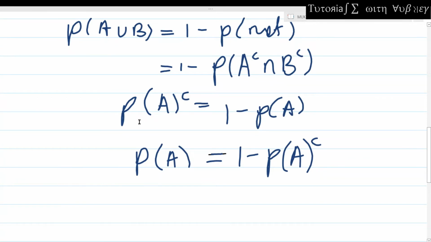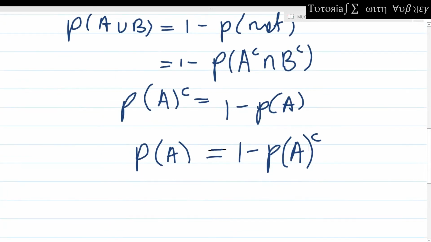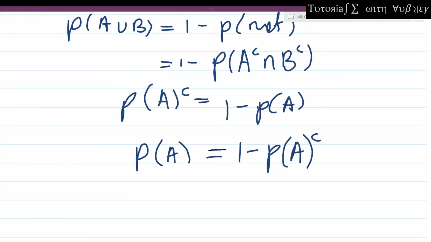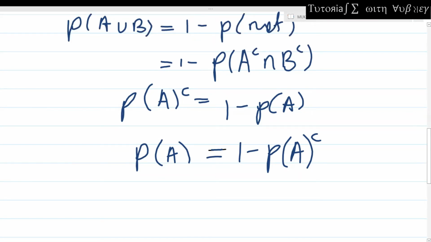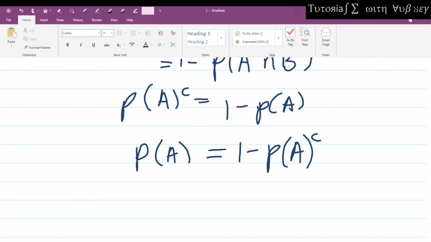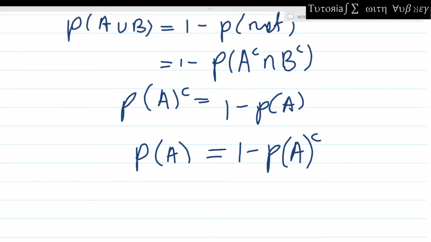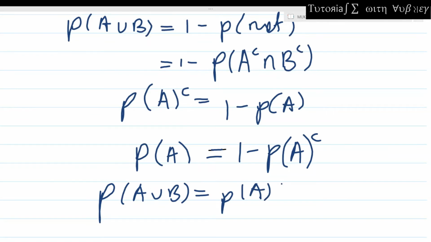And some of you might be wondering, why didn't we use the formula probability of A union B is equal to probability of A plus probability of B minus probability of A intersection B?